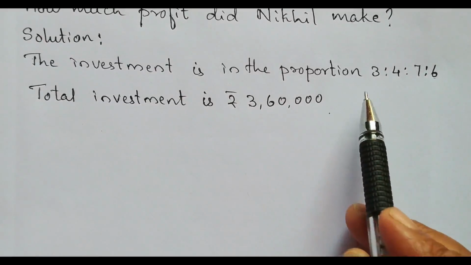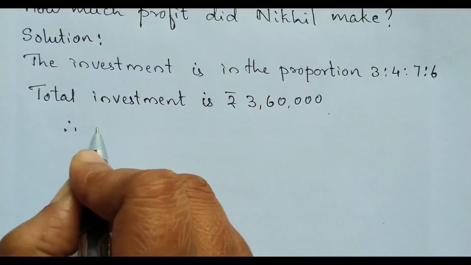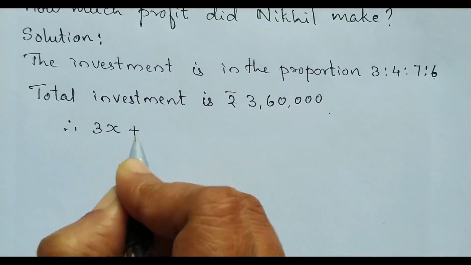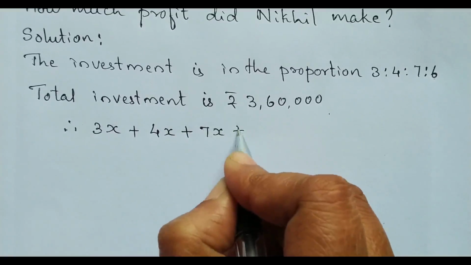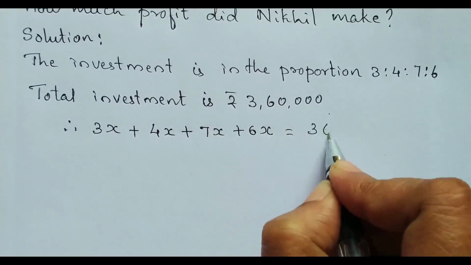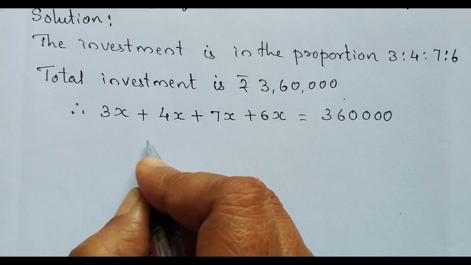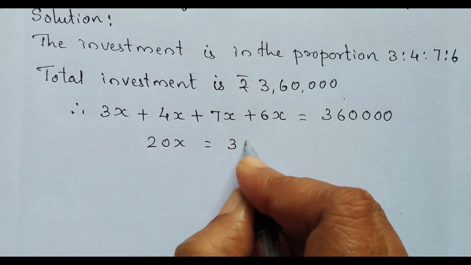So by taking x as the common multiple, we can write 3x plus 4x plus 7x plus 6x is equal to 3,60,000. So we have 20x is equal to 3,60,000.